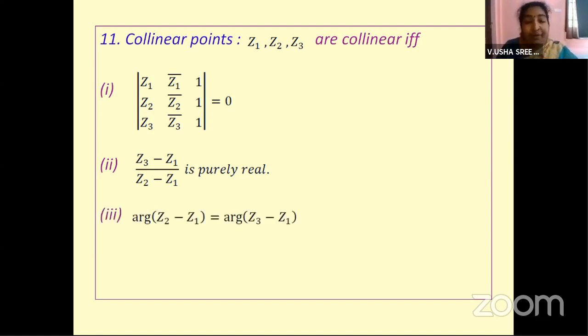And then the next one is argument of Z2 minus Z1 equal to argument of Z3 minus Z1. That means if both the angles are equal, in that case also we can say the points are collinear. And the last condition is if the given three complex numbers are in AP, arithmetic progression, then we can also say the given complex numbers are representing collinear points.